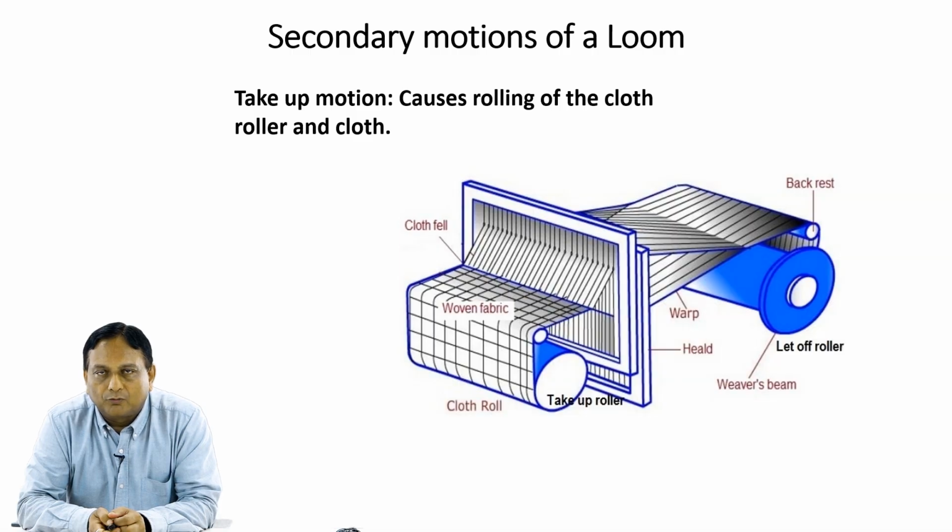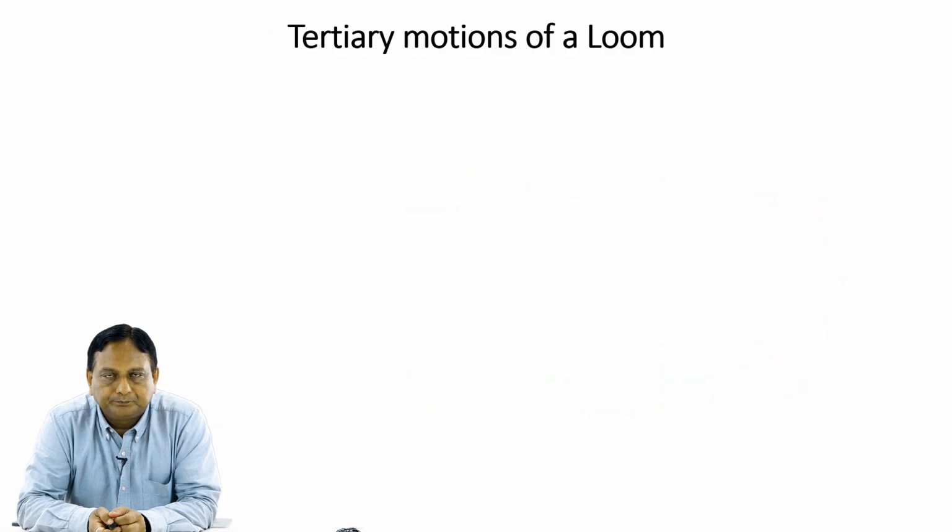So the warp goes from the backrest and then through different other arrangements, and when the interlacing of warp and weft threads takes place, it is ultimately wound as the take-up motion operates, and the cloth roll is activated by this take-up motion. So the fabric or cloth is getting wound onto this cloth roller by the take-up motion.